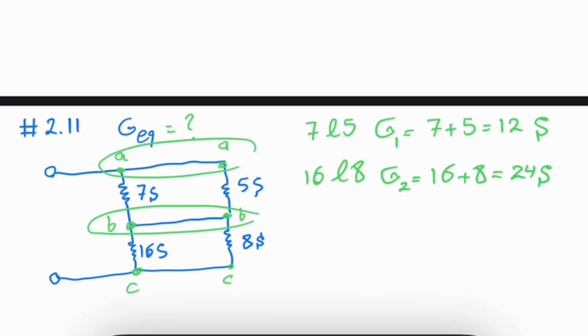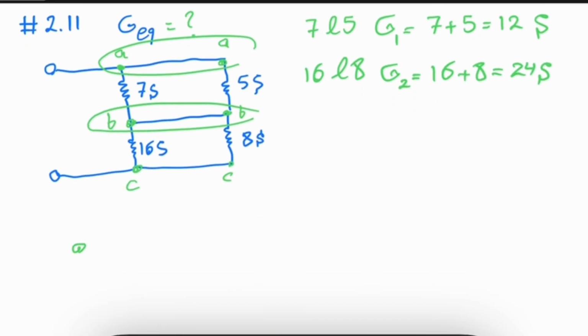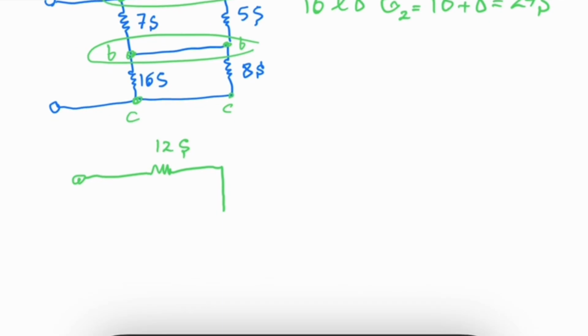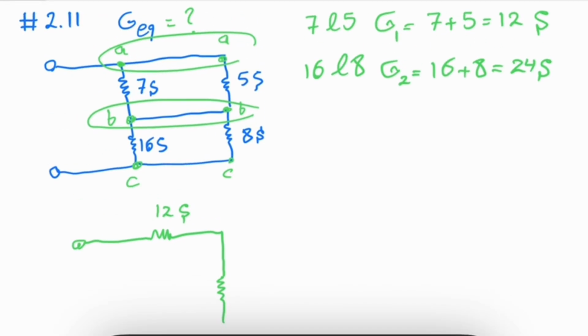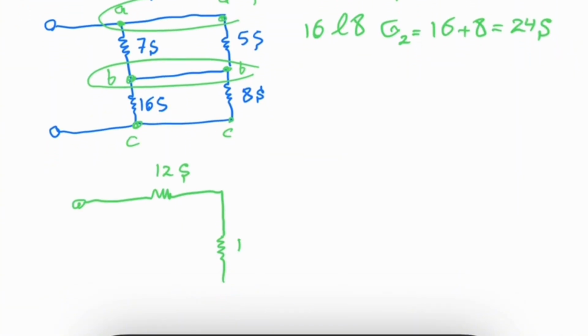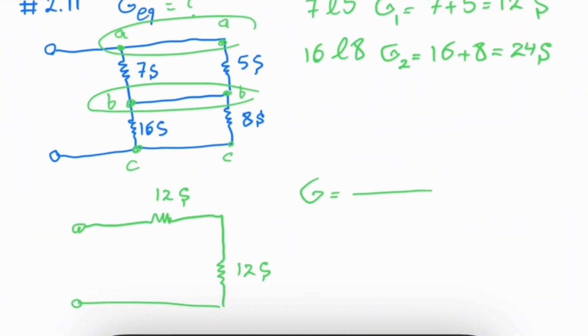And obviously, if I redraw this circuit, I end up with 12 Siemens in series with 24 Siemens.